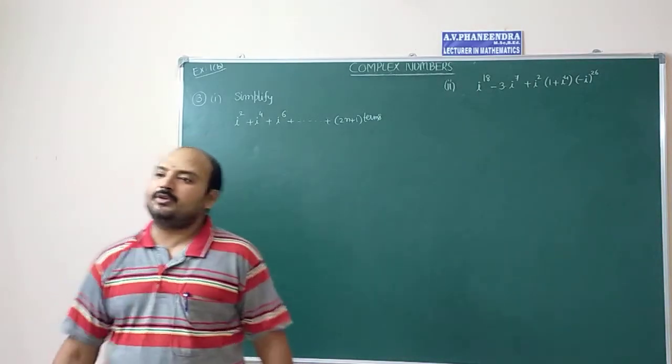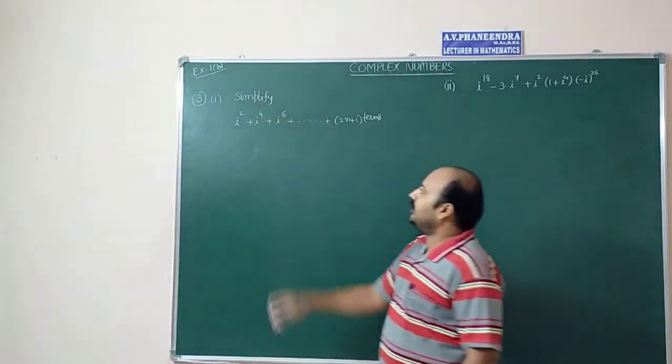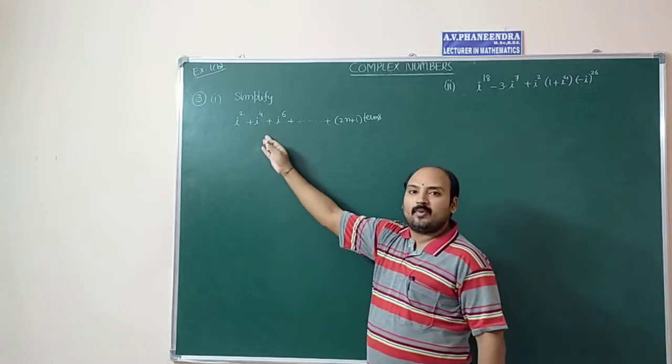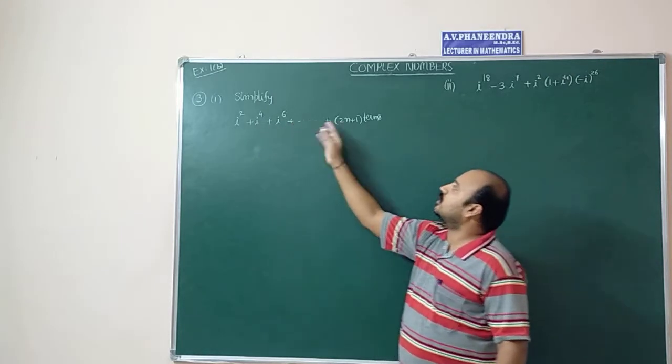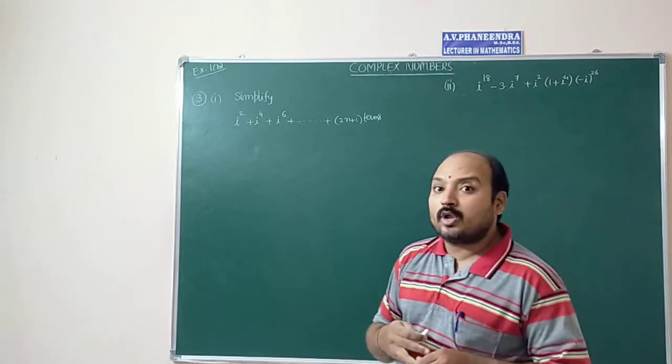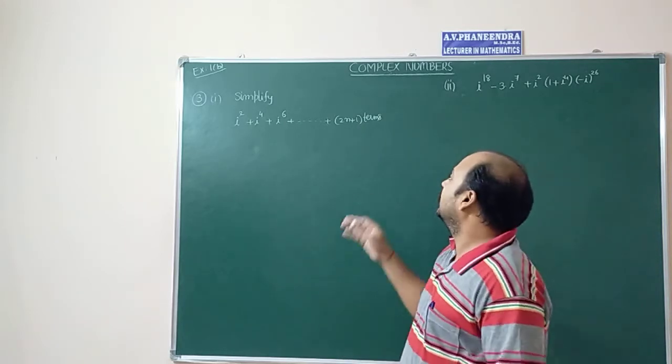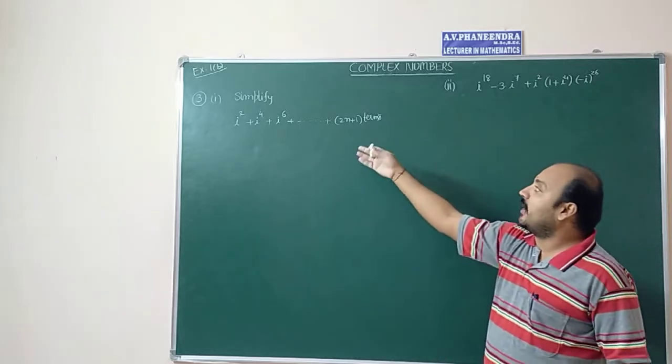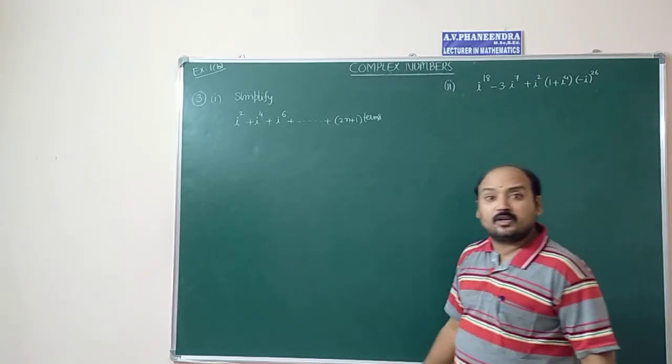Like this you have to find the complex conjugate. The next question. Simplify i square plus i power 4, plus i power 6, and so on, up to 2n plus 1 terms. Here 2n plus 1 terms means in terms of i it is 2n plus 1 times.